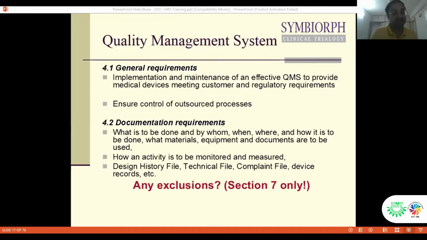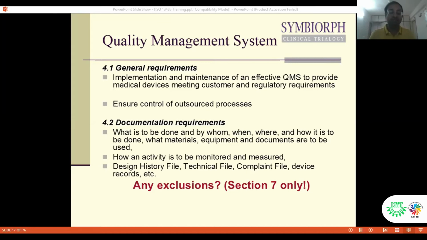There are various requirements depending upon the activity which you are doing. If you are doing the testing activity, you have to formulate the quality agreement accordingly. If you are doing the manufacturing or you are outsourcing any critical raw material, accordingly you have to formulate the quality agreement and execute it.